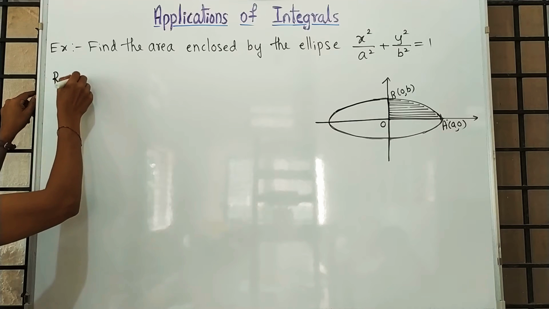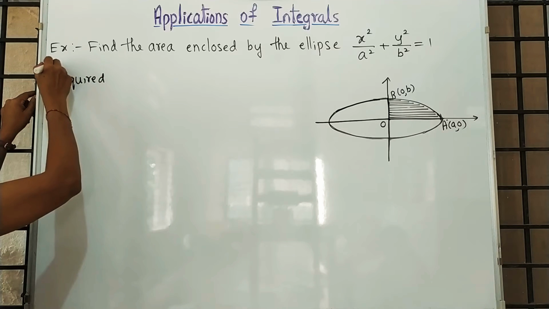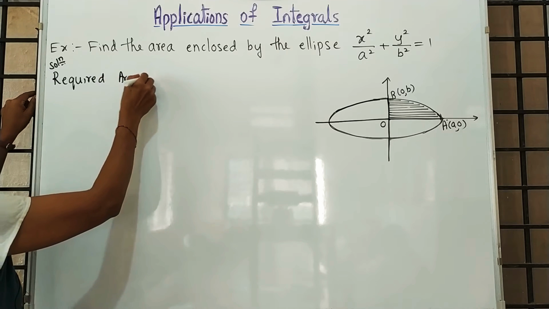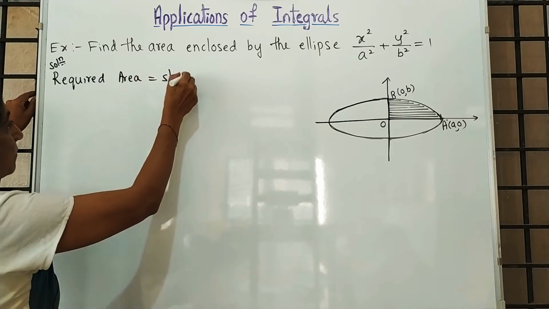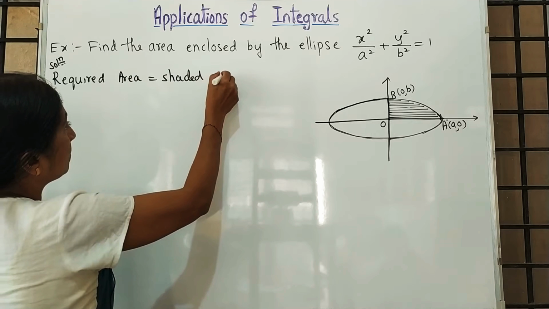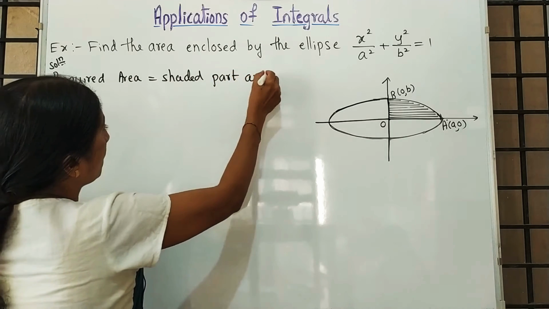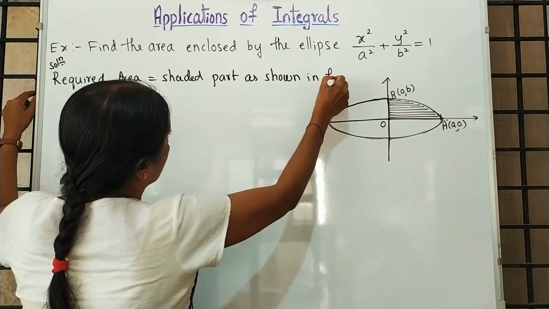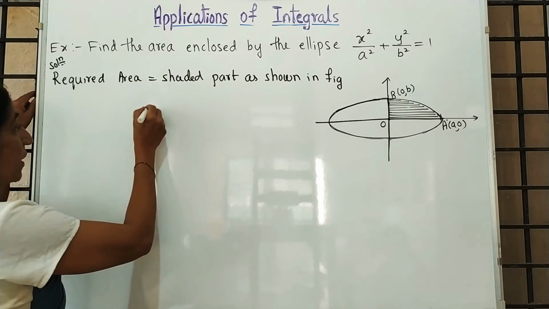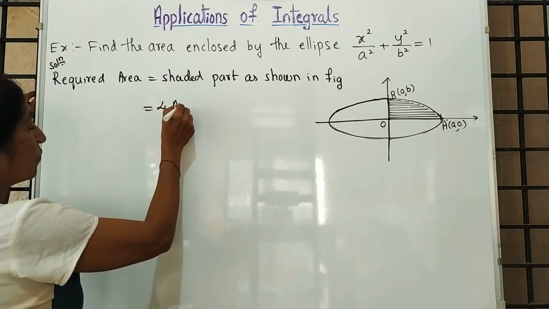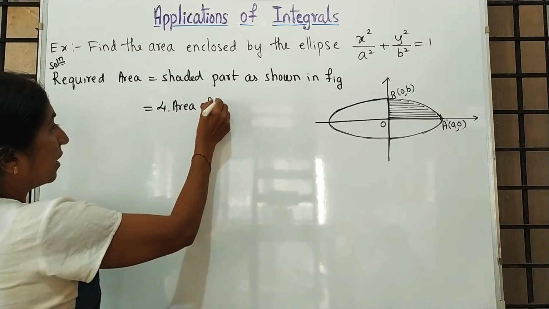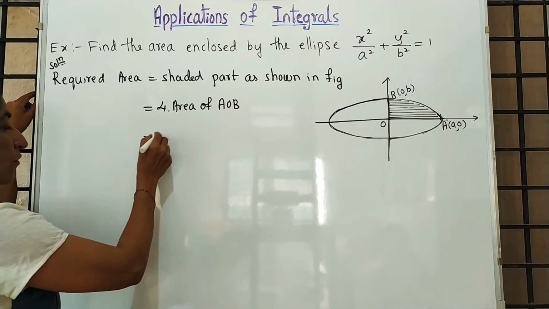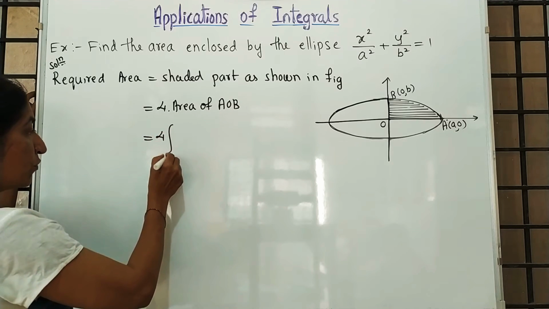Required area is equal to, I am giving you the solution, the shaded part as shown in the figure. That is equal to 4 into area of AOB, correct? That is 4 into integration from 0 to a.